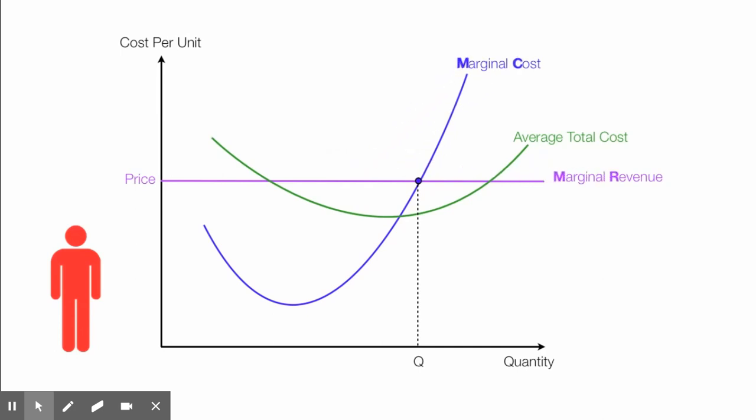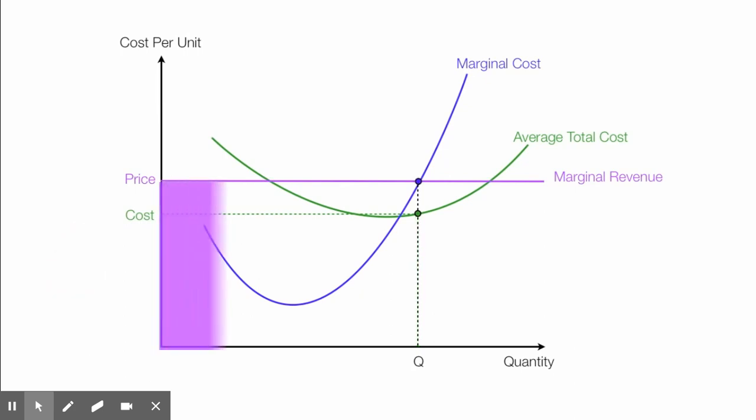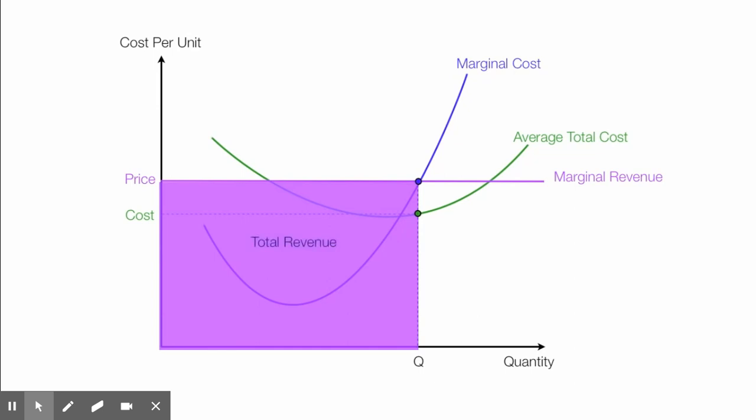Now the cost for the individual supplier, I'll draw a green line up to the average total cost curve, and then across, and this is our cost per unit. Total revenue is this purple rectangle, and it's simply price times quantity. That's the area.